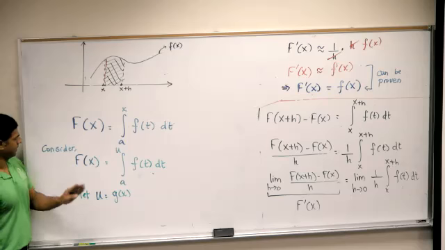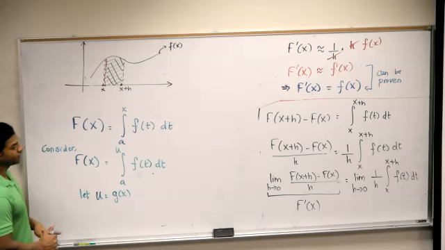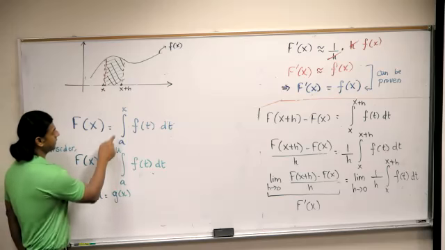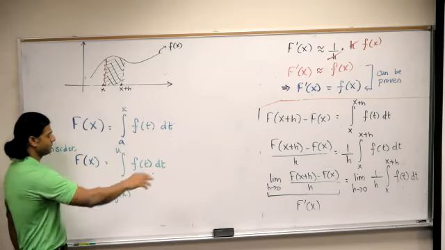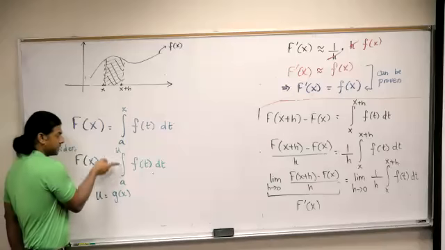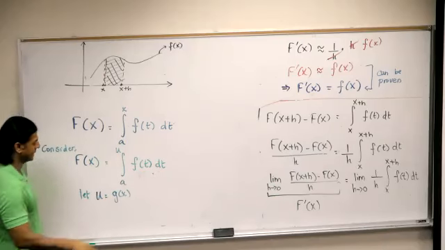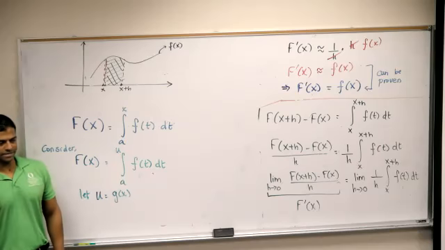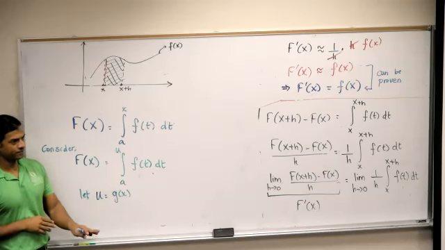Good. So instead of calling it a to x of f of t dt, I'm going to call it a to u of f of t dt. But do keep in mind, u is g of x. Good?